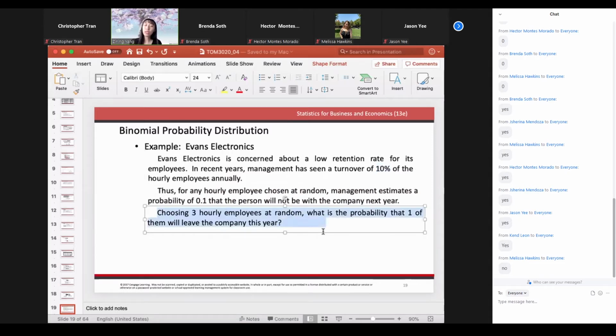So the question now is choosing 3 hourly employees at random. Right now you have a total observation of 3. What is the probability that one of them will leave? So in other words, we're trying to figure out the chance that 1 out of 3 leaves, but the other 2 stay, right?